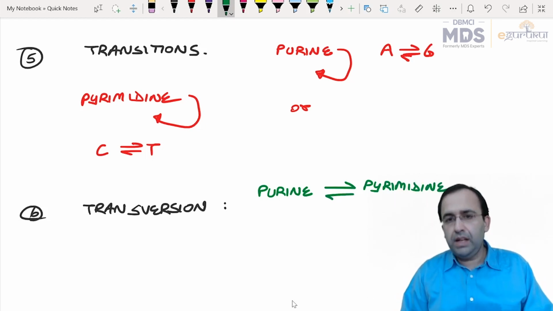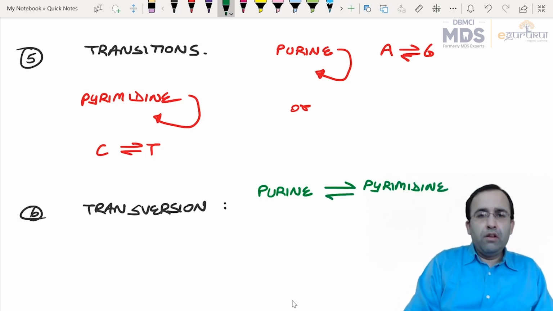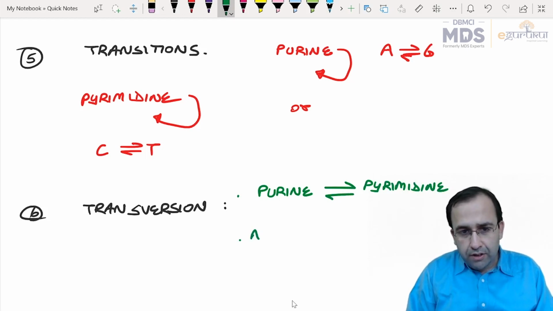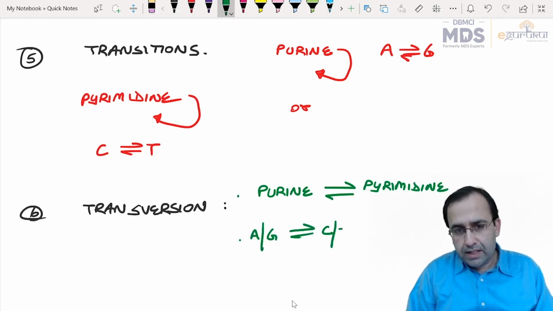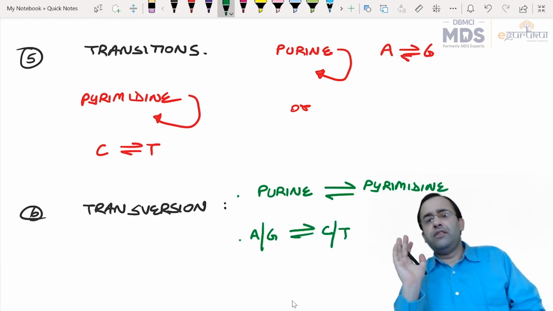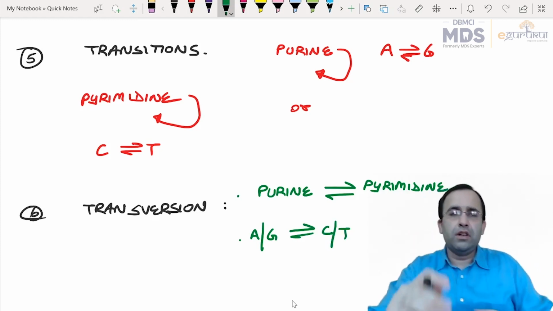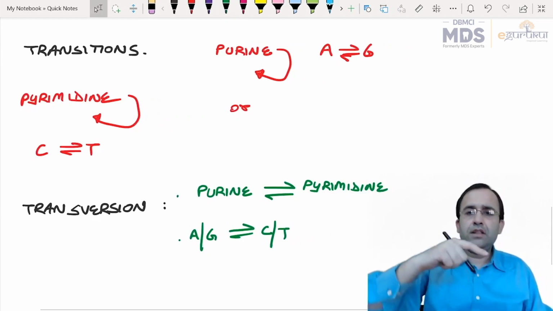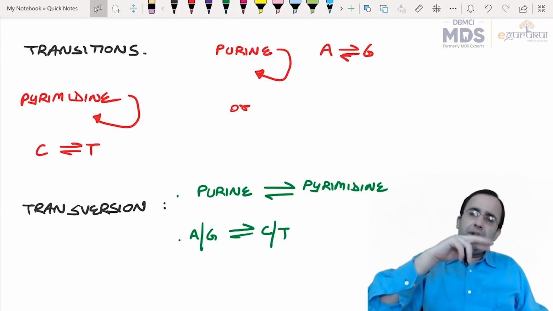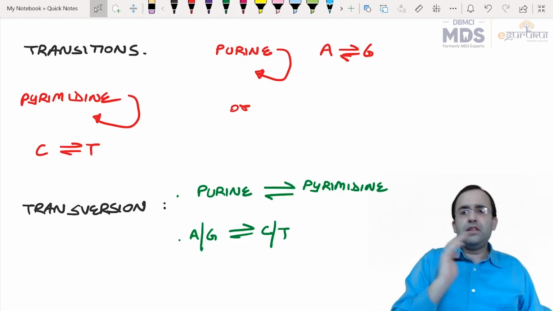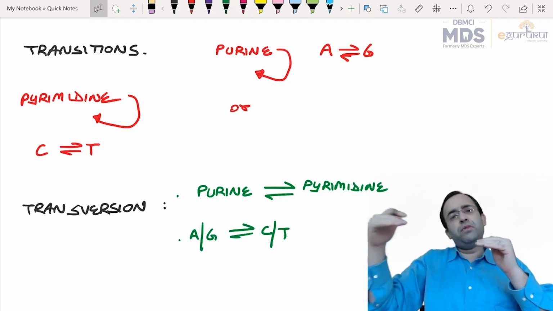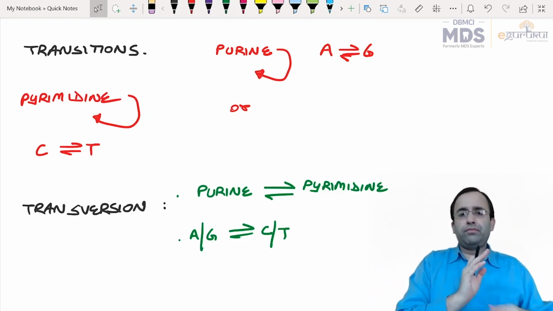Which are the purines? AG, A or G being replaced by C or T, या vice versa. That is transition and transversion. So opposite है. Transition में purine से replace हो रहा था, pyrimidine by pyrimidine only, versus transversion where purine is getting replaced by pyrimidine or vice versa.